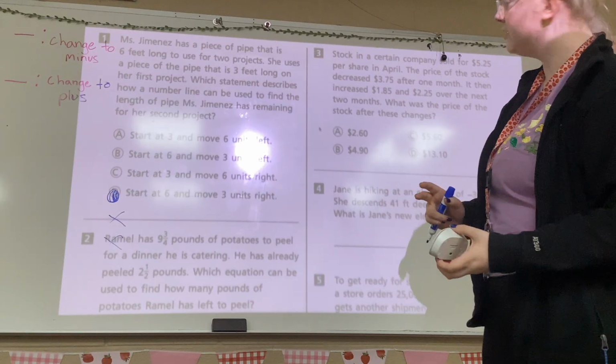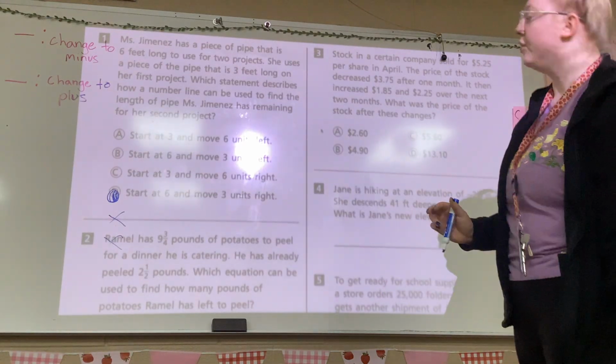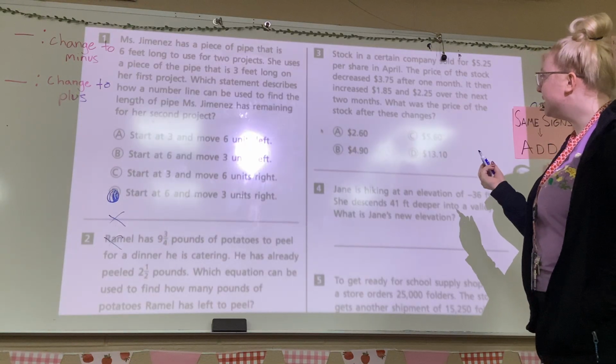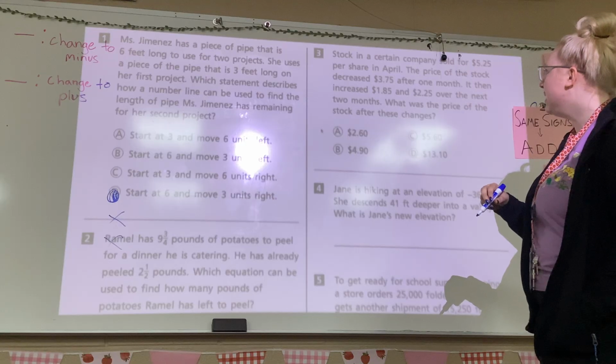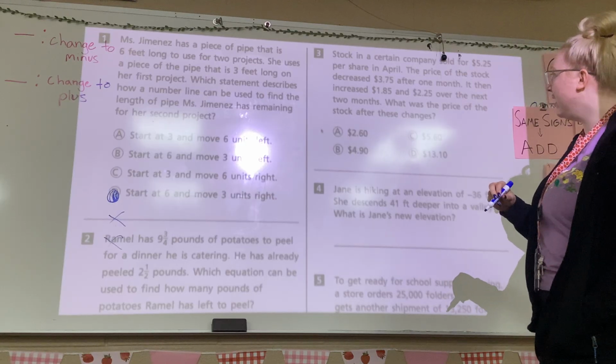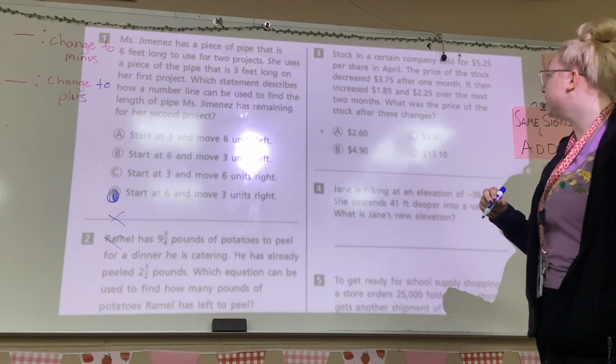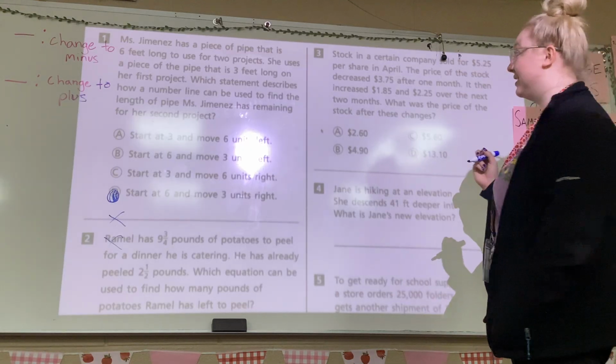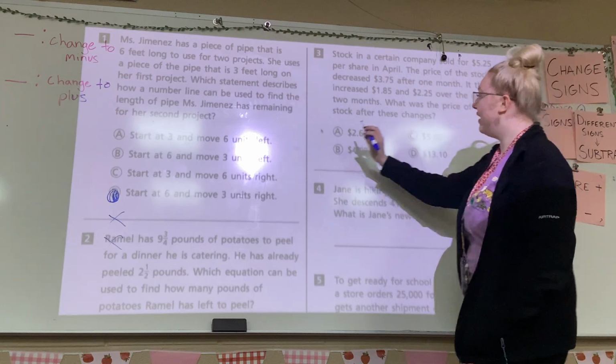Number 3, a stock in a certain company sold for $5.25 per share in April. The price of the stock decreased $3.75 after a month. It then increased $1.85 and $2.25 over the next 2 months. What was the price of the stock after these changes? Okay, here they are asking us to solve it. It starts at $5.25.